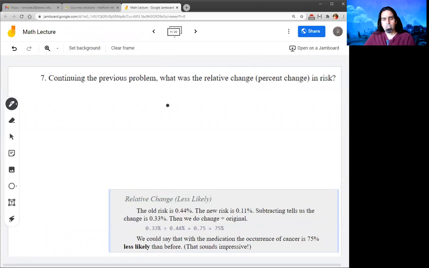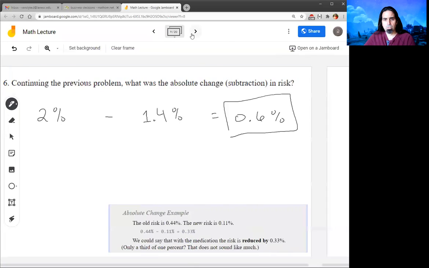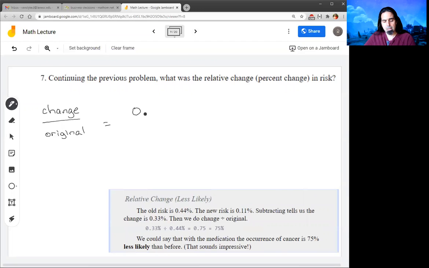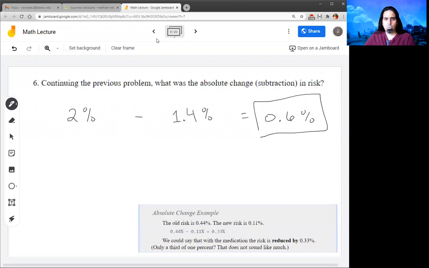And if we want the relative change, then we want change divided by original. The change we just got, 0.6%. What's the original? Is it the 2 or the 1.4?